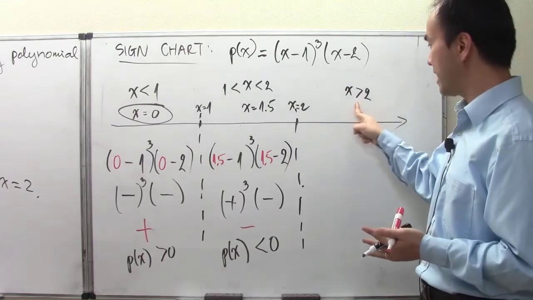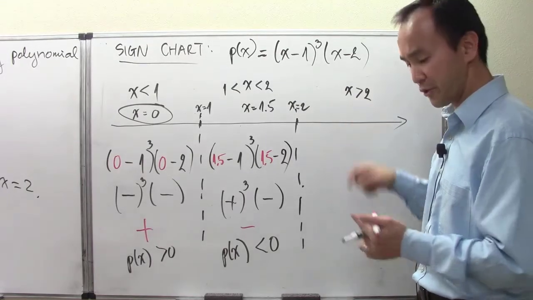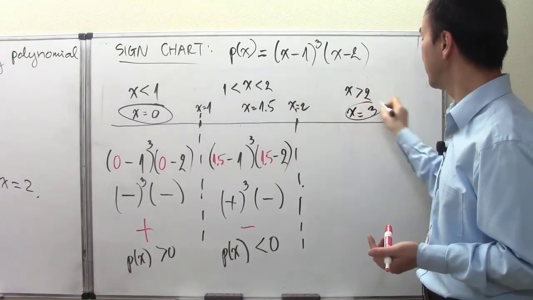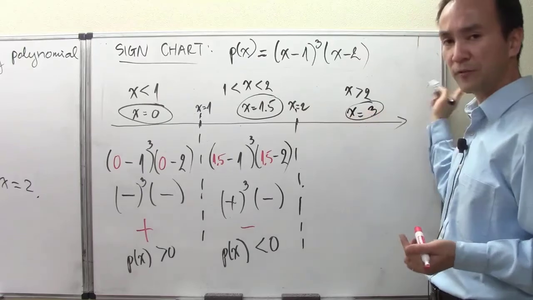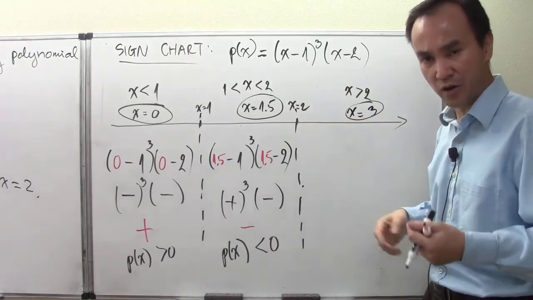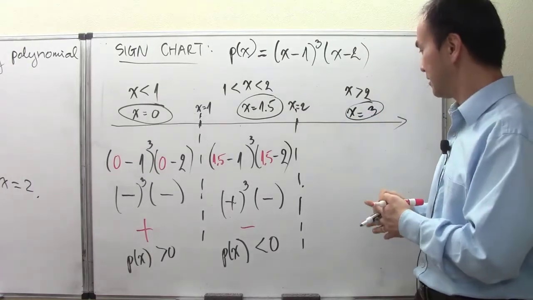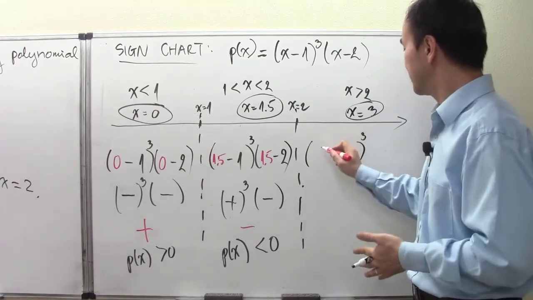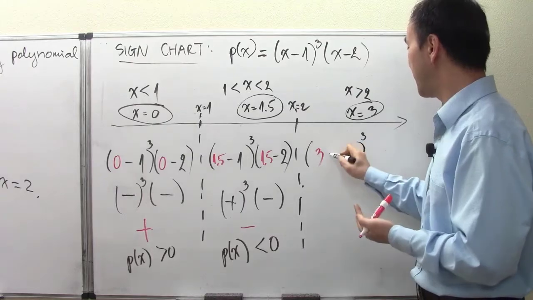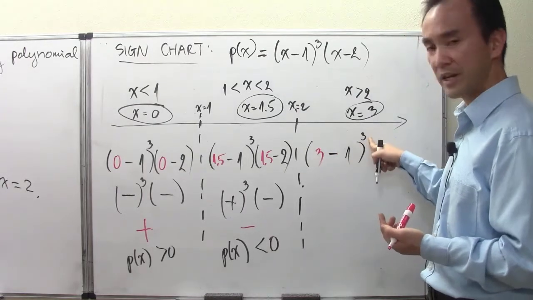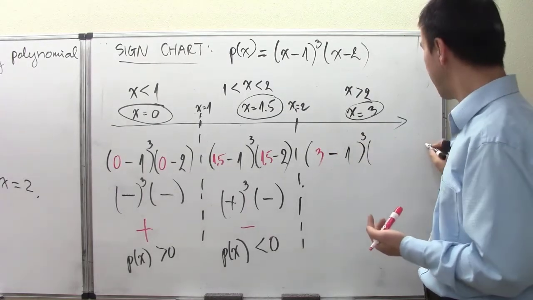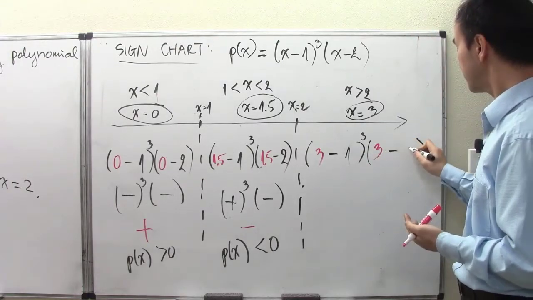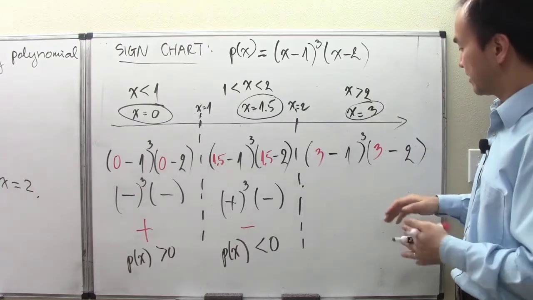Okay, so now when x is greater than 2, let's pick a value. How about x equals 3? You can pick x equals 4 or anything else as long as the value is above 2. So now, in my factor form, the first factor is 3 minus 1, raised to the cube power, and then the next factor is 3 minus 2. Let's check the sign.